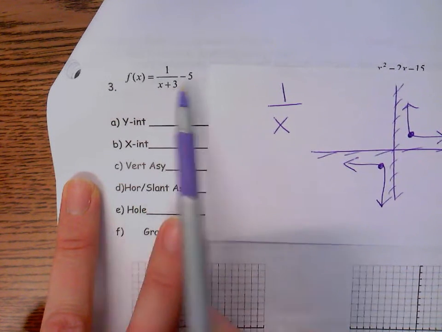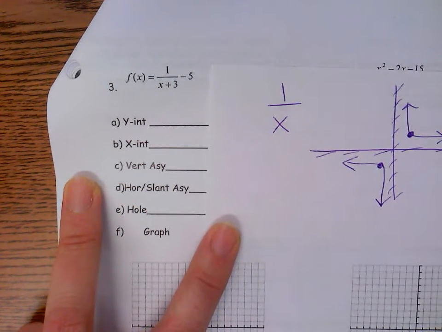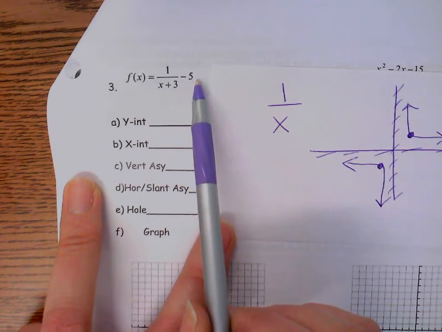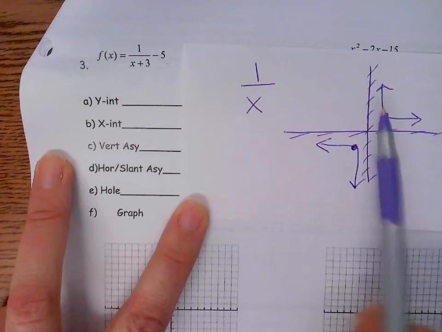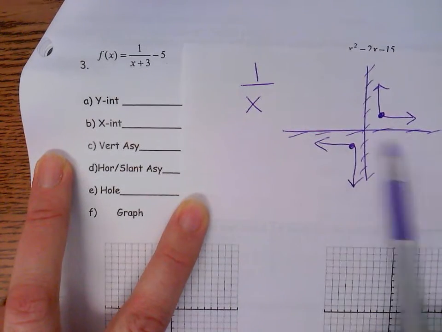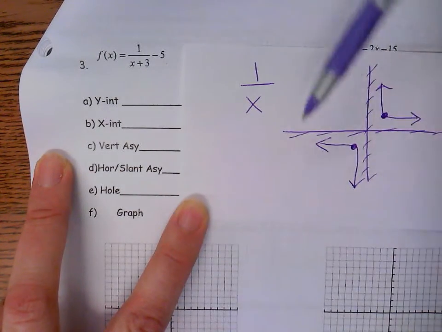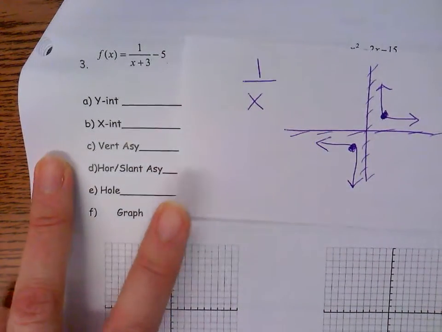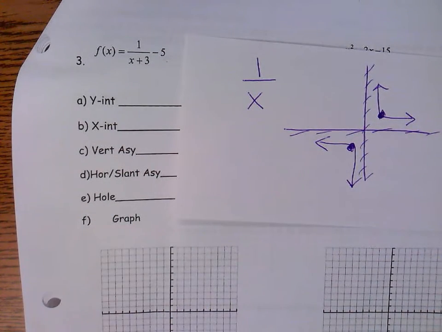So you can move your cross left 3, and then what does the -5 do? Just shifts the cross down 5. So your crossed asymptotes will just shift left 3, down 5, and then you can go 1 unit on either side of the cross. To me, that's easier than making it into a fraction, and I would just use transformation rules.